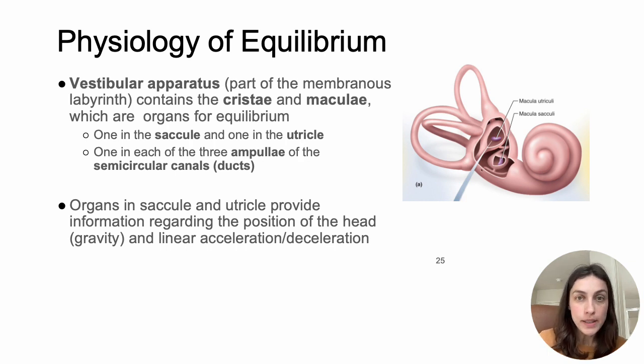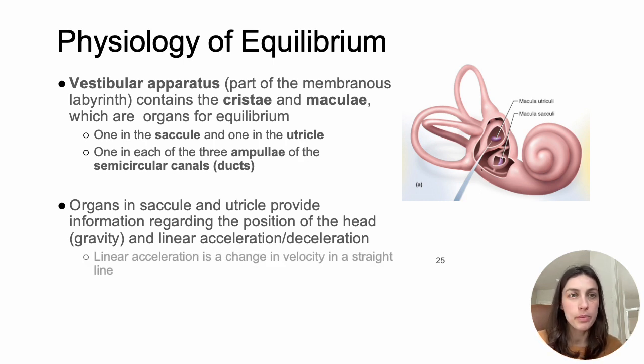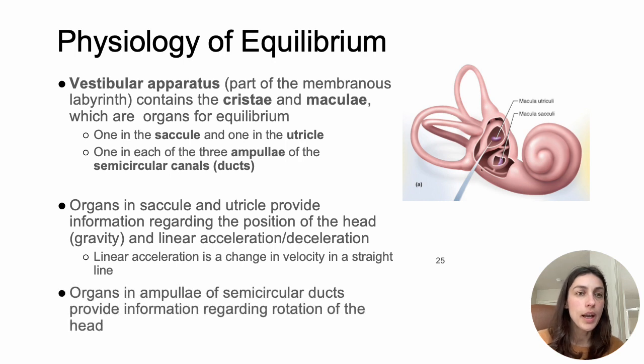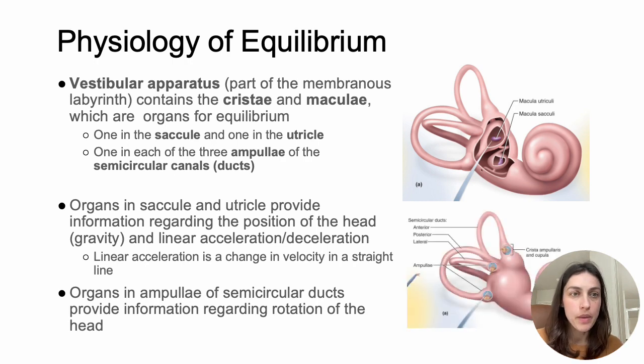And also information for linear acceleration or deceleration, so how fast you're going forward and back. Okay. In those ampullae of the semicircular ducts, we have information about rotation of the head at different angles, and all of that information converges together and gets calculated by your brain to be able to tell which way you're spinning. Okay.